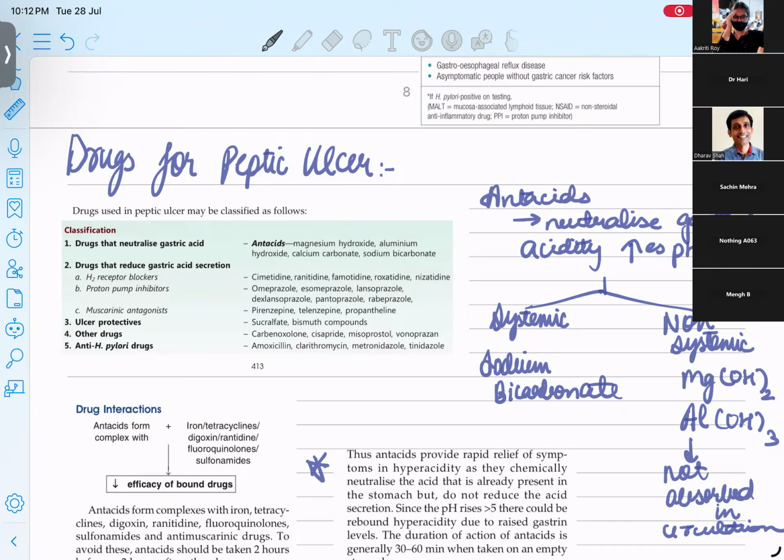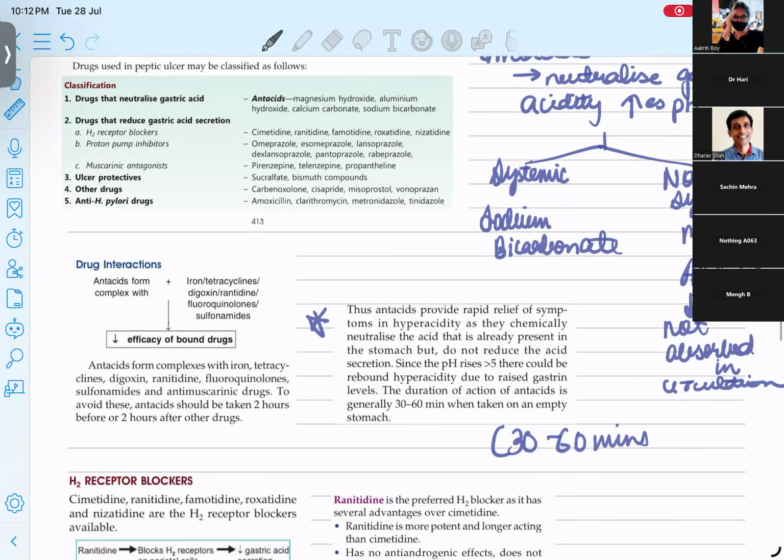An example of systemic is sodium bicarbonate, and non-systemic is a very household name of medicine, Digene. The constituents of Digene are magnesium hydroxide and aluminum hydroxide. So we have to know antacids provide rapid relief of symptoms in hyperacidity as they chemically neutralize the acid.